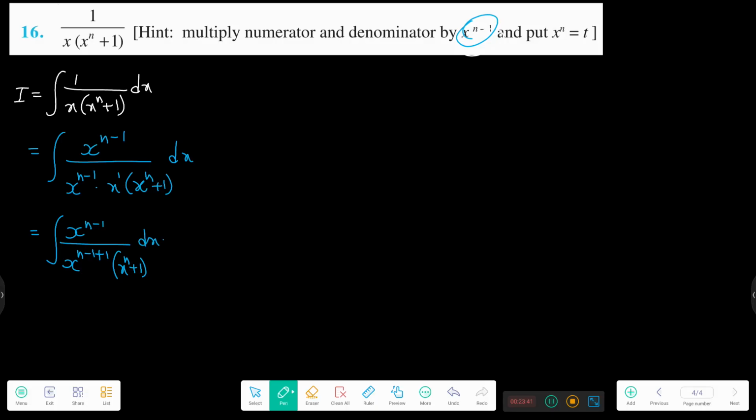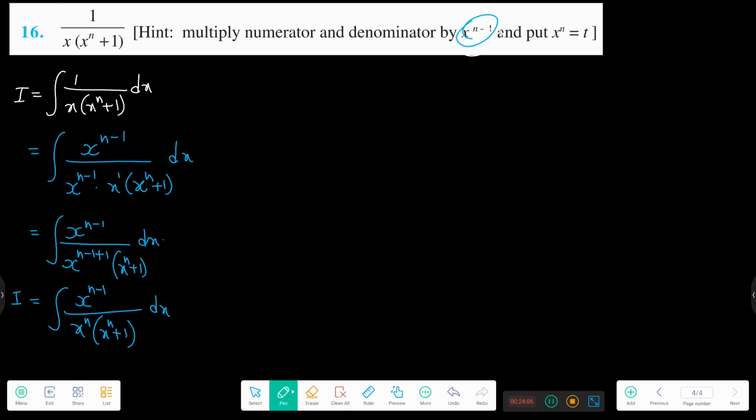Have you understood? Right. Now denominator will be x power n, just x power n, again x power n plus 1 into dx. Numerator we are not doing anything, x power n minus 1 will be there as it is. So the question changed like this now.